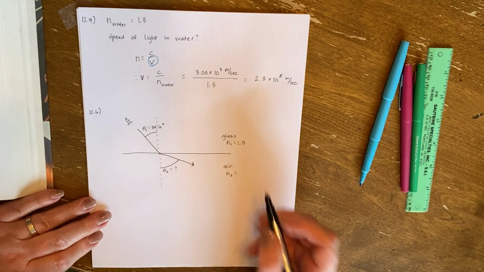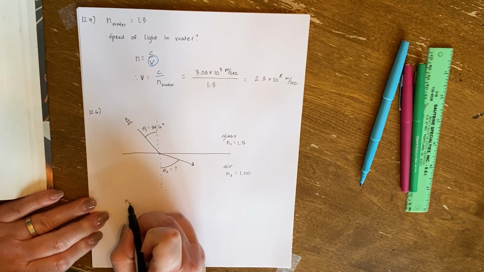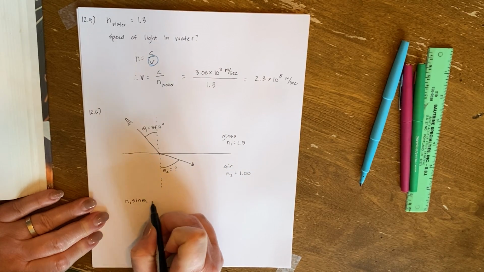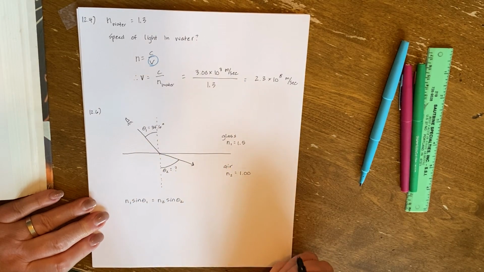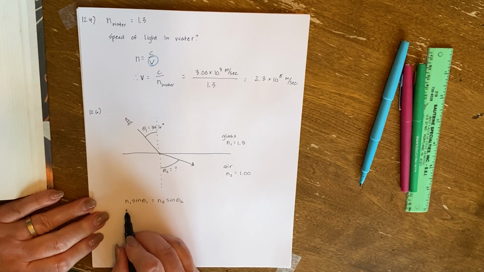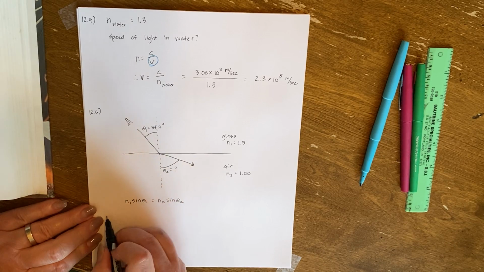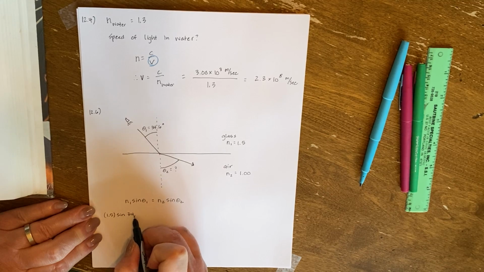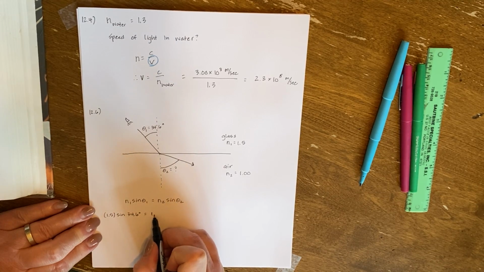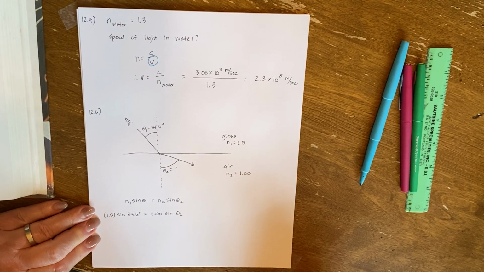Now remember, we know that N for air is 1.00. Okay, so knowing that, we can then use Snell's law. N1 sine theta 1 equals N2 sine theta 2. I think I'm going to solve this a couple different ways. So here I'm just going to put in the numbers. So N1 is 1.5 times sine of 34.6 degrees equals N2, which is 1.00, times sine of theta 2.